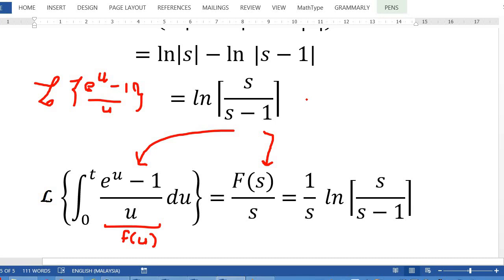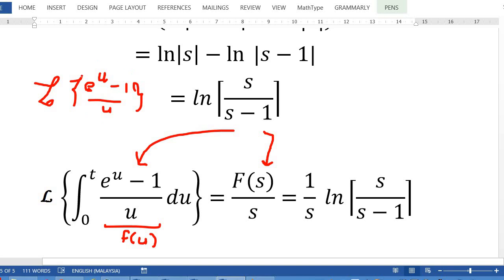If we solve it by the division by t property, this is ln s over s minus 1. Hence, the Laplace transform for the integral from 0 to t of e to the u minus 1 over u is the F(s) that you obtained divided by s.